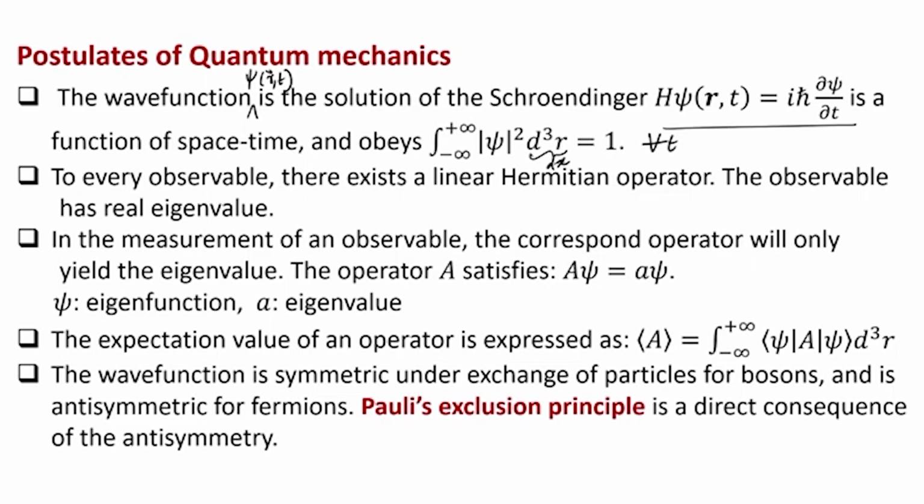Okay. The second postulate says that to every observable there exists a linear Hermitian operator. Okay. And these are very important things. One is that it's a linear operator and it's a Hermitian operator, and what we mean by Hermitian operator, we'll see that.